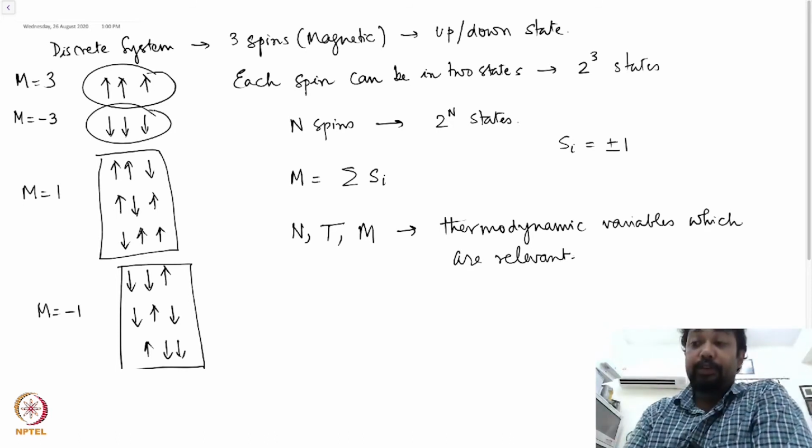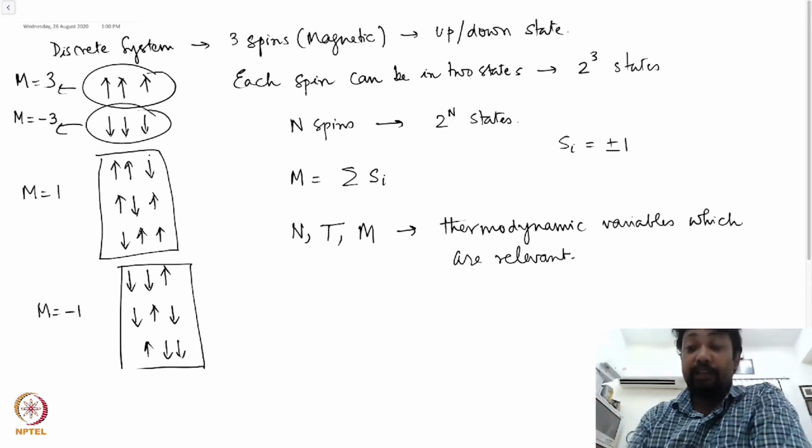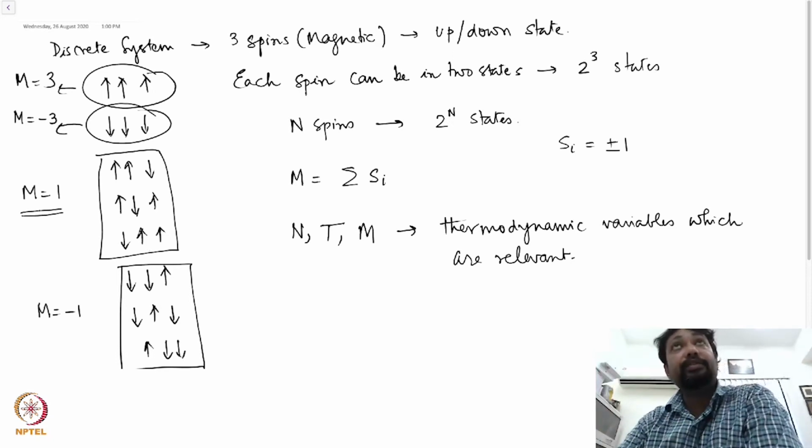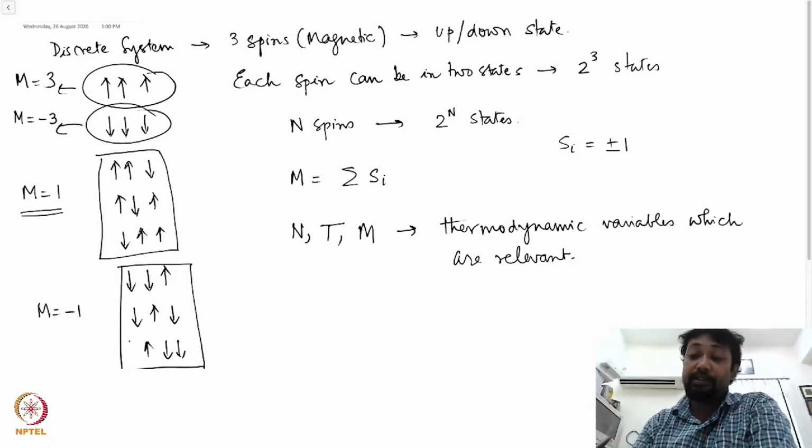Not all these microstates belong to the same macrostate. These 3 microstates belong to the macrostate which has a magnetization of 1, and these 3 microstates belong to the macrostate where the magnetization is minus 1.